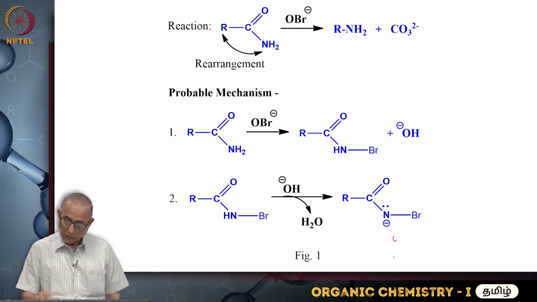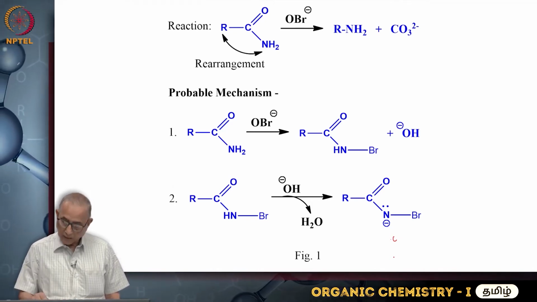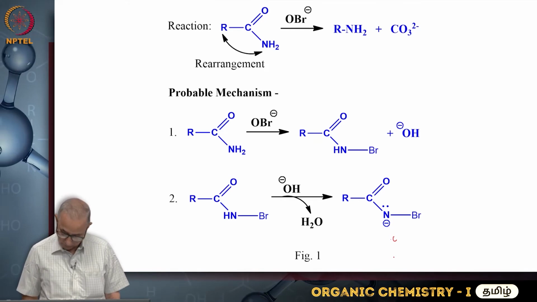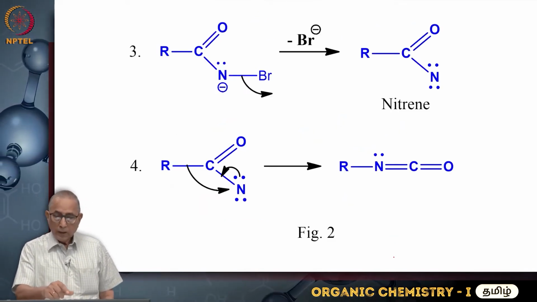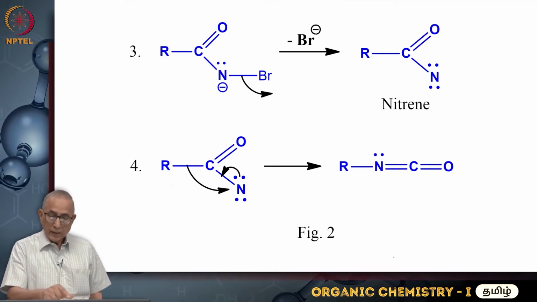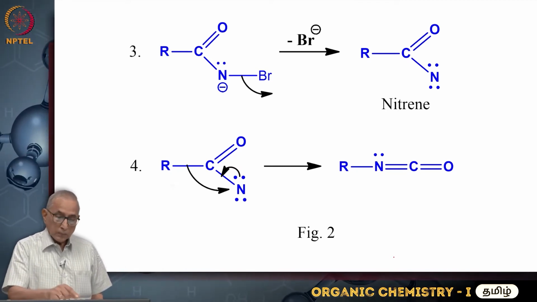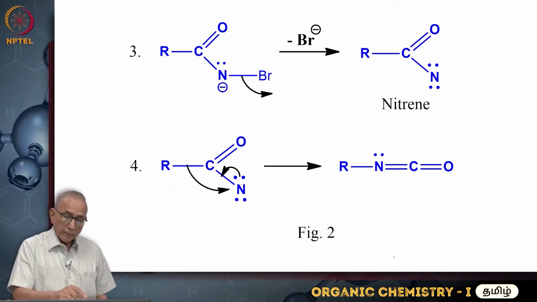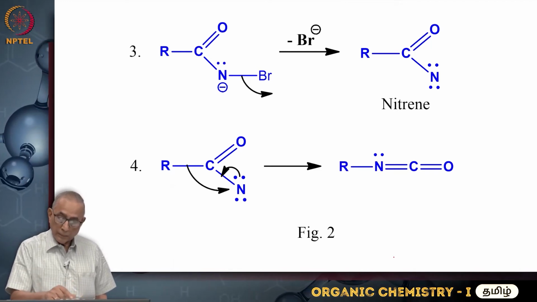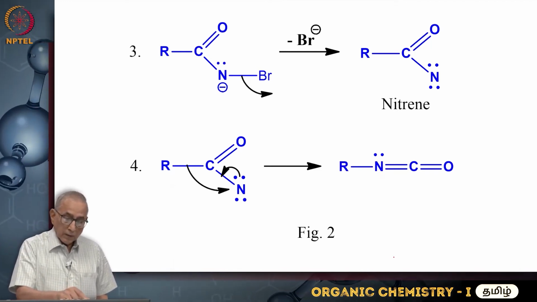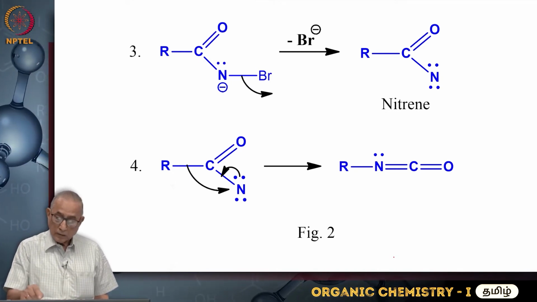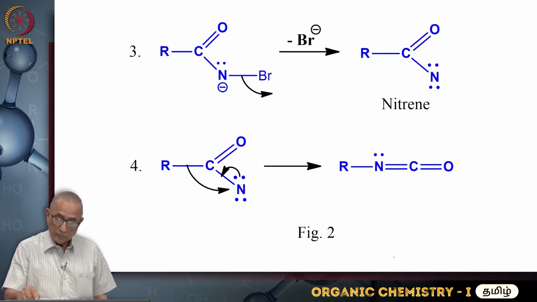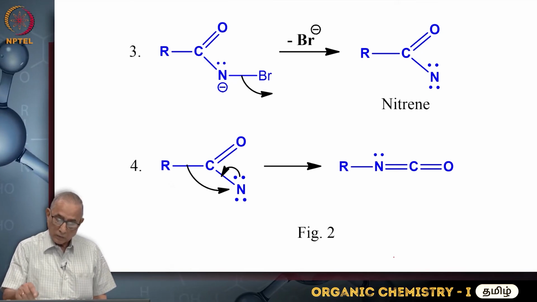Here negative charge appears, and because of this negative charge the bromine will leave as bromide ion. It is a good leaving group, minus Br minus, and now this becomes one bond here, two electrons here, and two electrons from this negative charge. This is gone out. So this is two bonds, one bond, two electrons, two electrons.